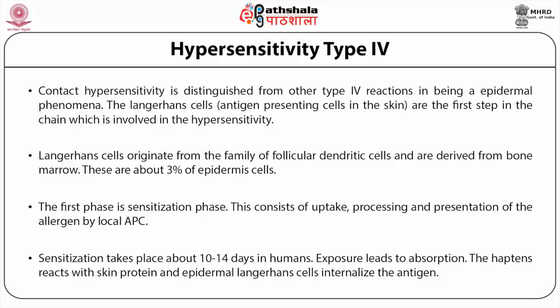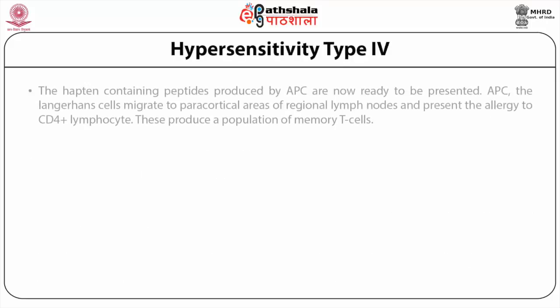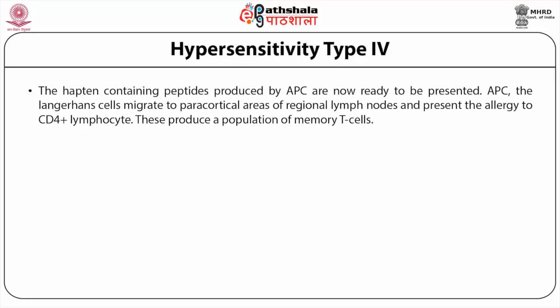Exposure leads to absorption. The haptens react with the skin protein and epidermal Langerhans cells internalize the antigen. The hapten-containing peptides produced by antigen presenting cells are now ready to be presented.